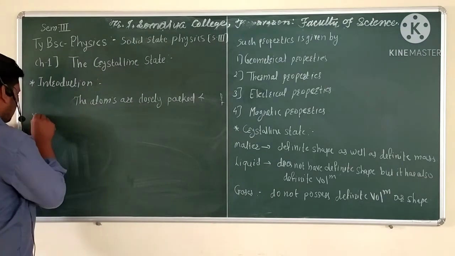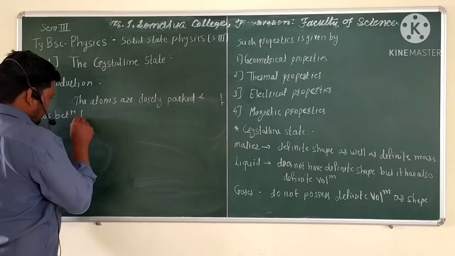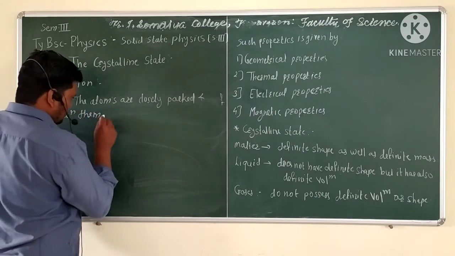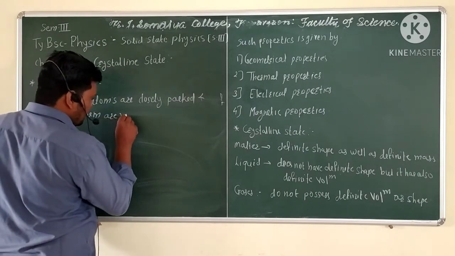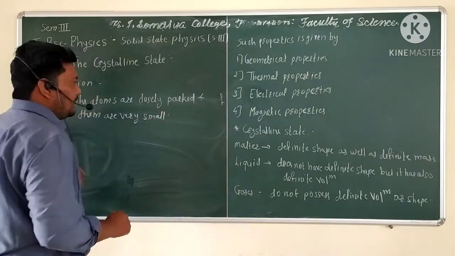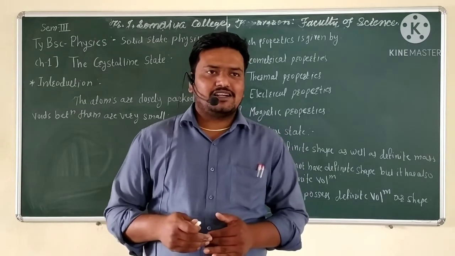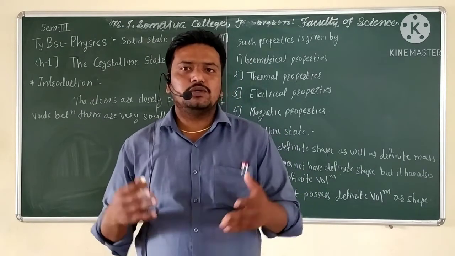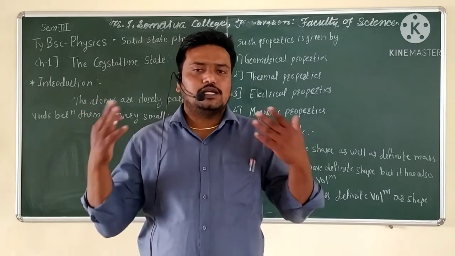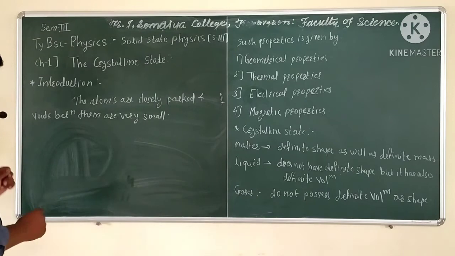What is meant by atoms being closely packed and the voids being very small, or what is meant by the voids? Consider this as the crystal structure of the atoms.